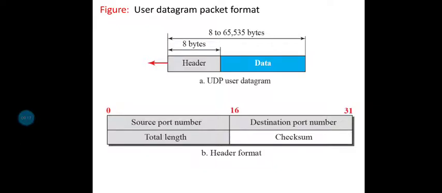If you want to implement error control, then you are going to define the checksum values. If you don't want to use the checksum, you don't want to follow this error control, then you can set all 16 bits of the checksum to 0, and then you are not using any error control. It's an optional value in the user datagram packet format.